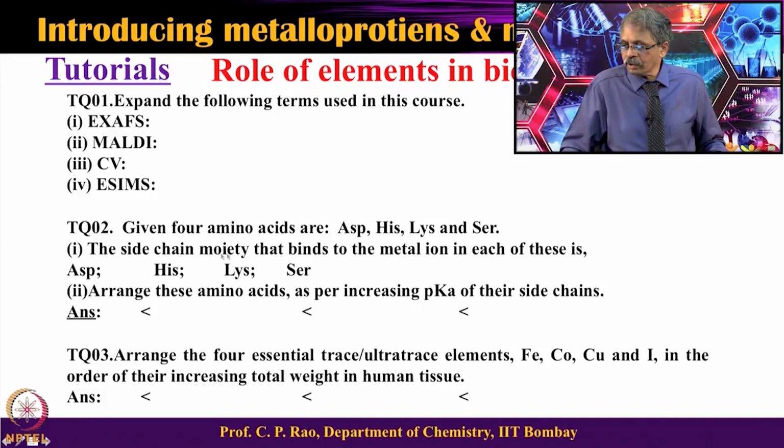How will one know this? If you know the side chains. So, how will you know the side chains? You need to familiarize yourself. If you familiarize yourself with the side chains of at least half a dozen, definitely, and about 10 amino acids, it will be very nice.